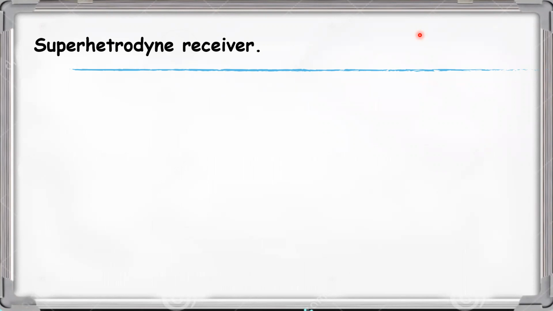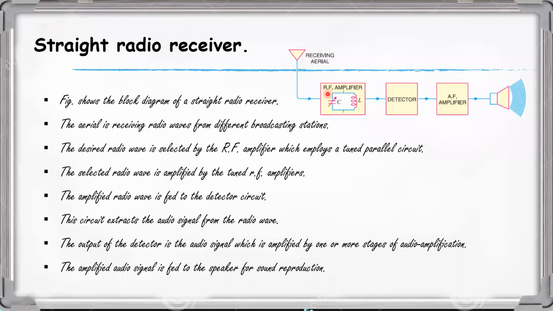Next is the superheterodyne receiver. Before going to superheterodyne, let me mention the difficulties associated with the straight radio receiver. The main difficulty is the use of the RF amplifier.